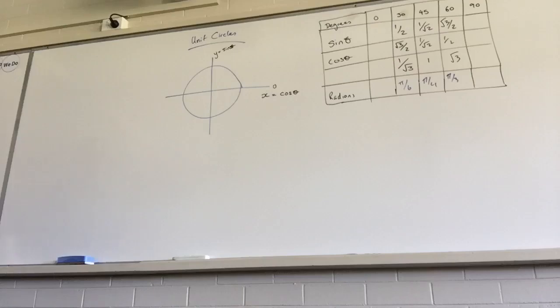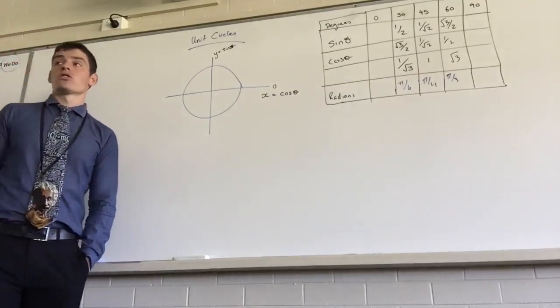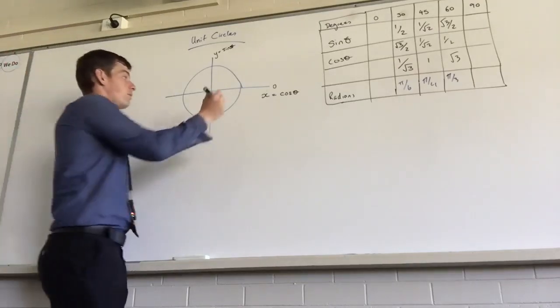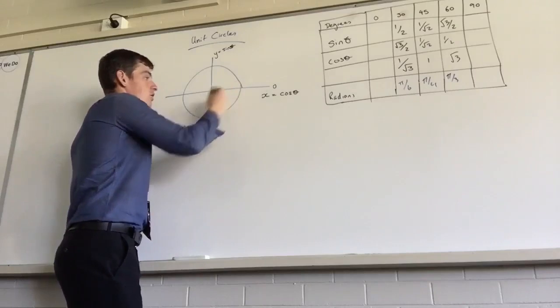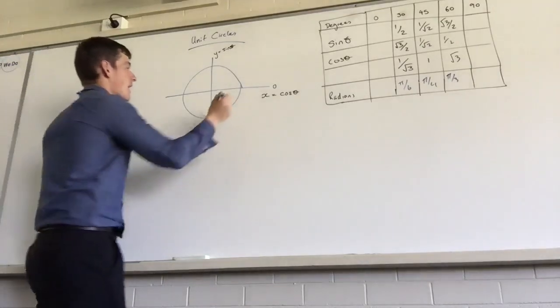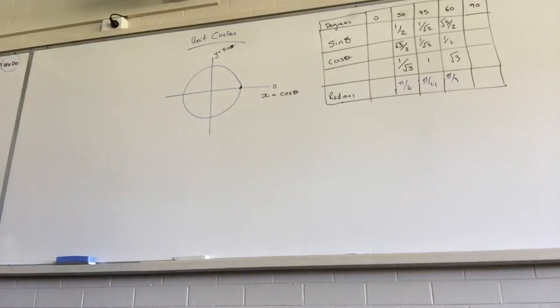Now the thing about a unit circle is, what is its radius? What's the radius of a unit circle? 1. At all points in time, the radius equals 1. So, at this point here, what does x equal? 1.